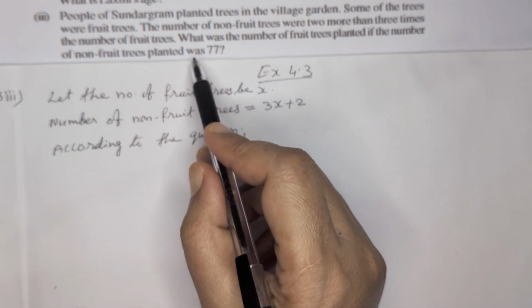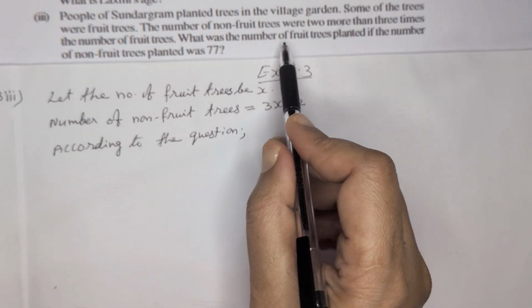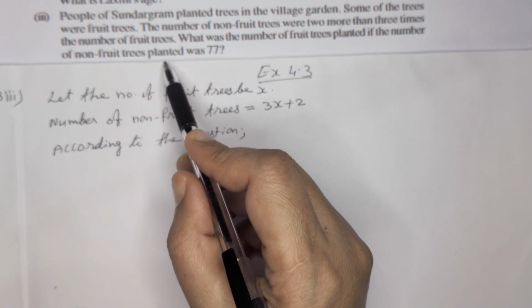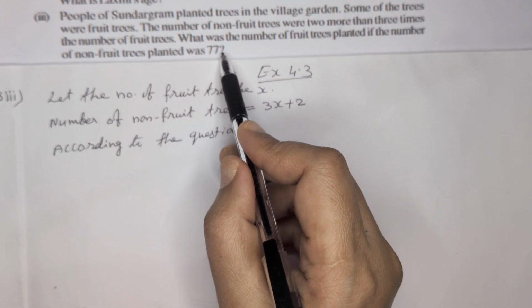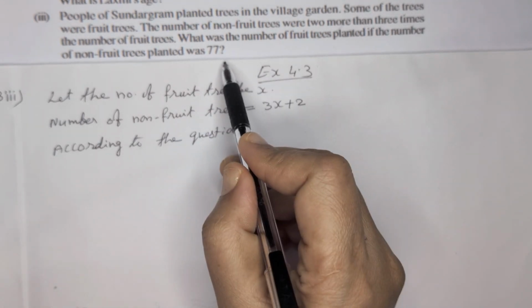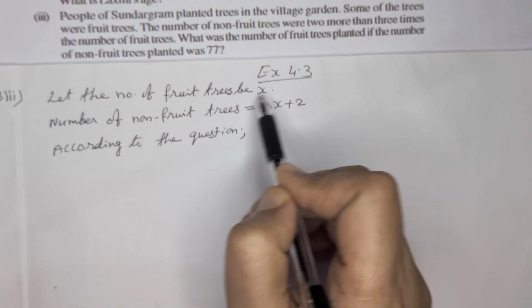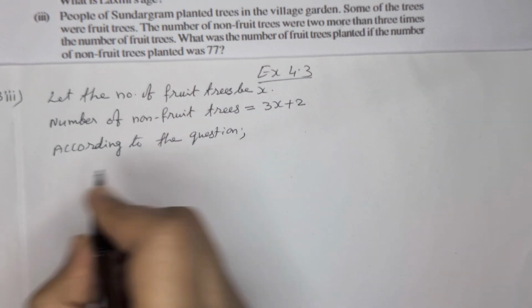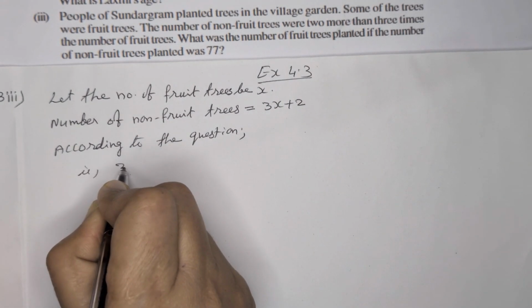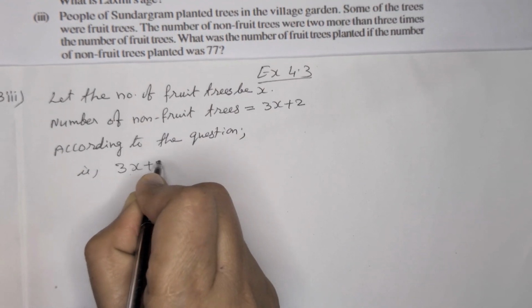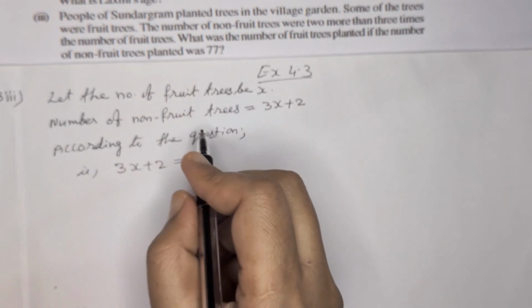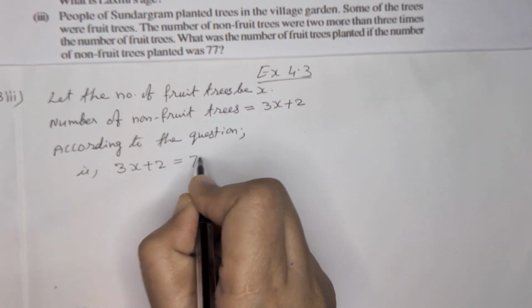Then according to the question, what was the number of fruit trees planted if the number of non-fruit trees planted was 77? Non-fruit trees is equal to 77. So we can write 3x plus 2, the non-fruit trees, is equal to 77.